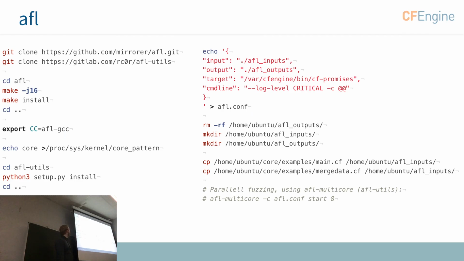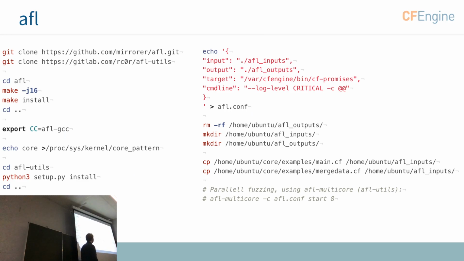Here's the basic script for getting it running. It's also very easy to get started, which is great. You just clone and compile AFL, which is like a different implementation of GCC, or a wrapper around GCC. You need to set some core pattern. AFL utils is a Python tool which makes it easy to run parallel fuzzers.